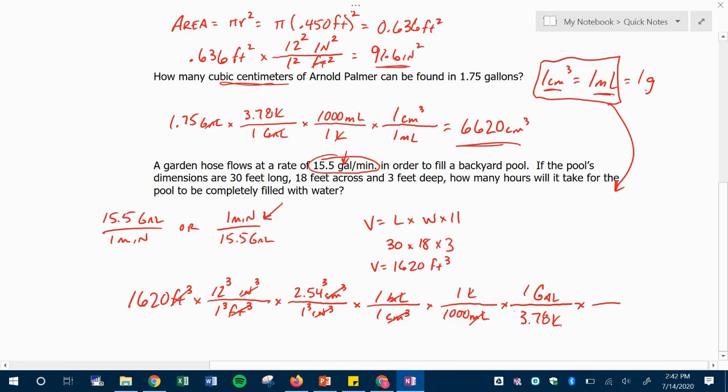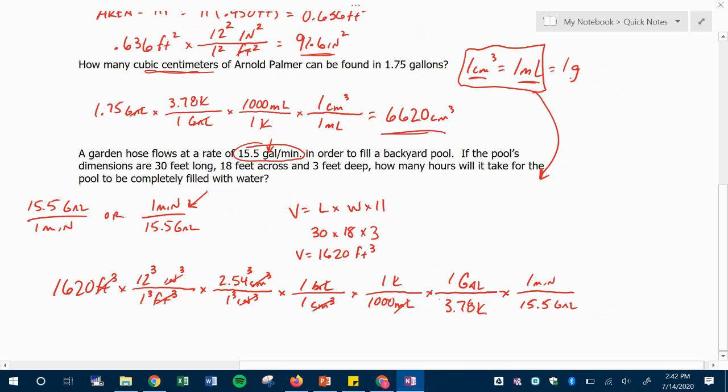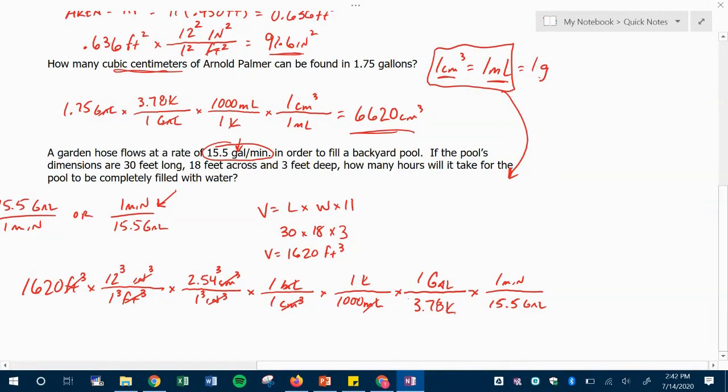And so as we turn that into a time, that gives us 1 minute for every 15.5 gallons. And now finally, before we start plugging stuff in, let's take a second. What's our question asking us for? Hours, right? So in the end, we can't just stop at minutes. We need to convert minutes to hours. And for that, we know that for every hour, there is 60 minutes.